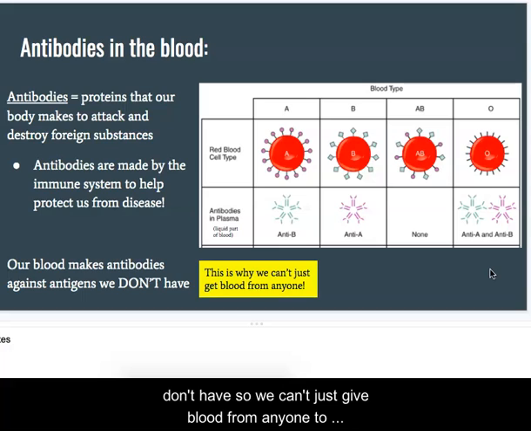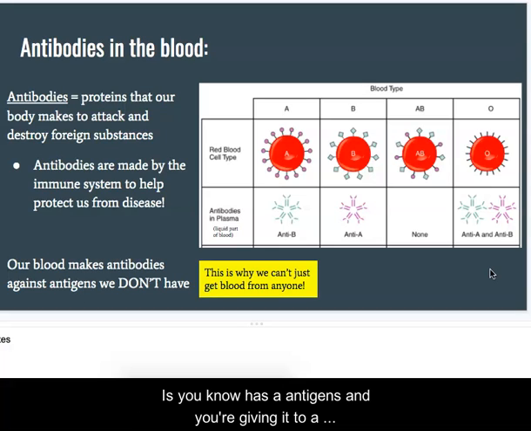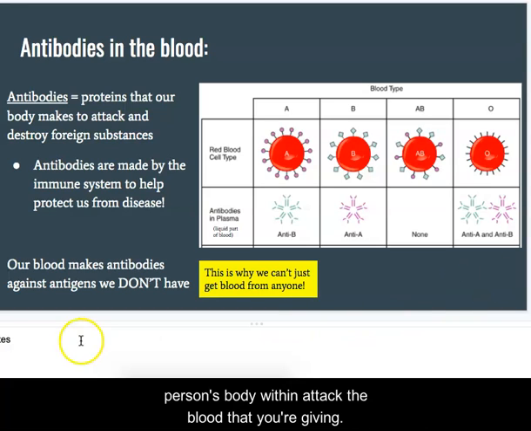So we can't just give blood from anyone to anyone, because there is the possibility that some of that donated blood has A antigens, and you're giving it to a person that doesn't have any A antigens normally. And so that person's body would then attack the blood that you're giving.